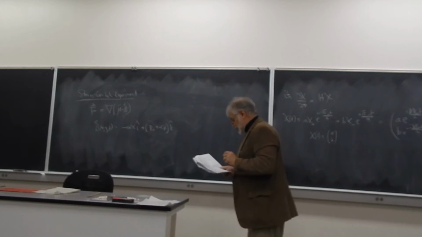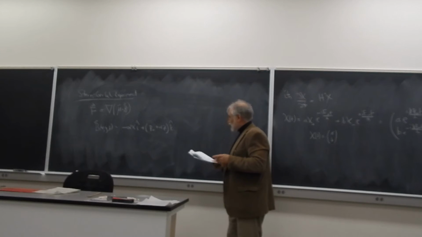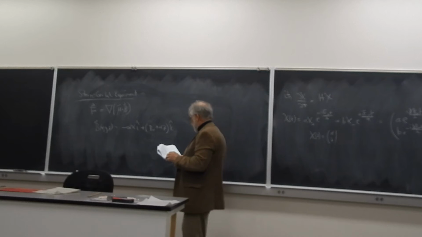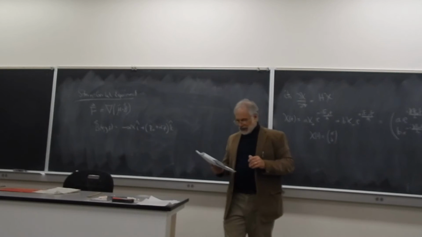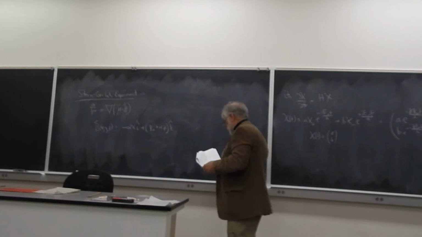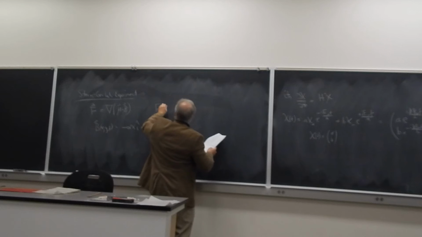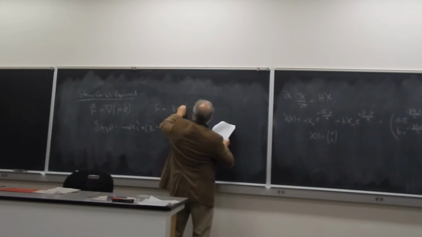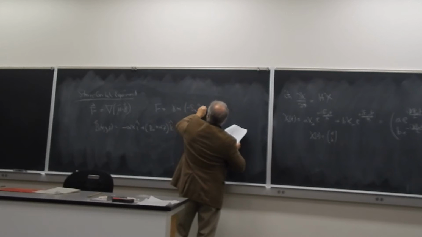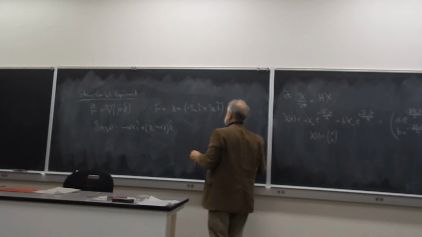B naught would be strongest for the uniform field, and then you have a weak deviation from homogeneity with the alpha z component. So the force on the atoms, we would expect, would be equal to gamma alpha times minus S sub x i plus S sub z k.